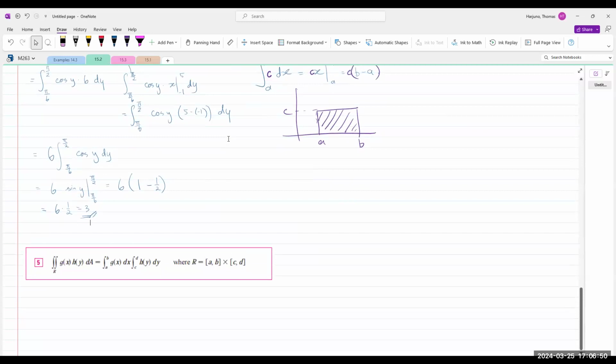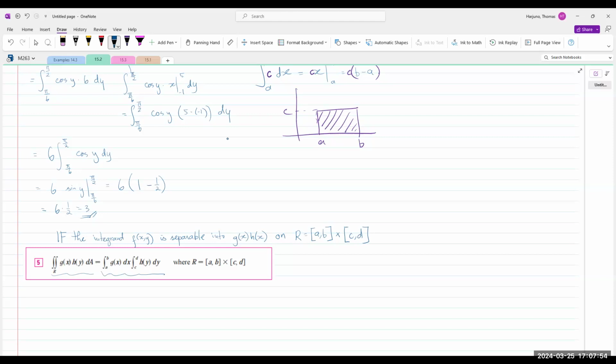When the integrand f(x,y) is separable into a function of x only times a function of y only on R, which is a rectangle, then we can actually rewrite that double integral into the product of two single variable integrals.